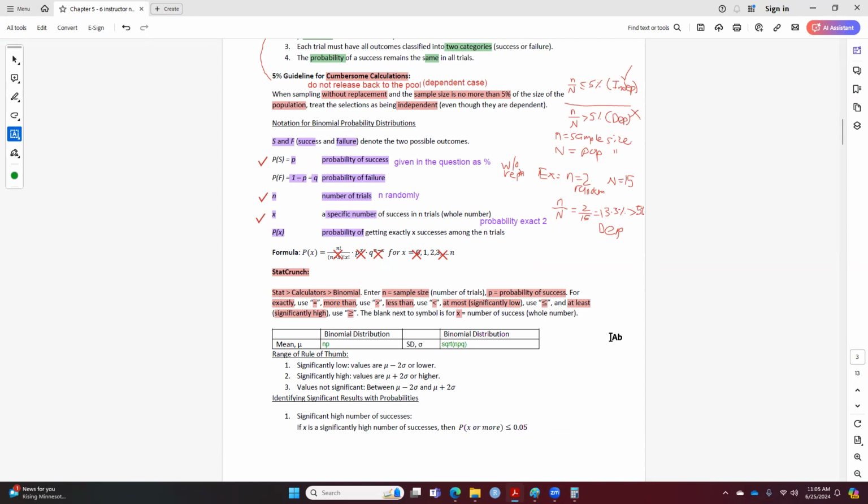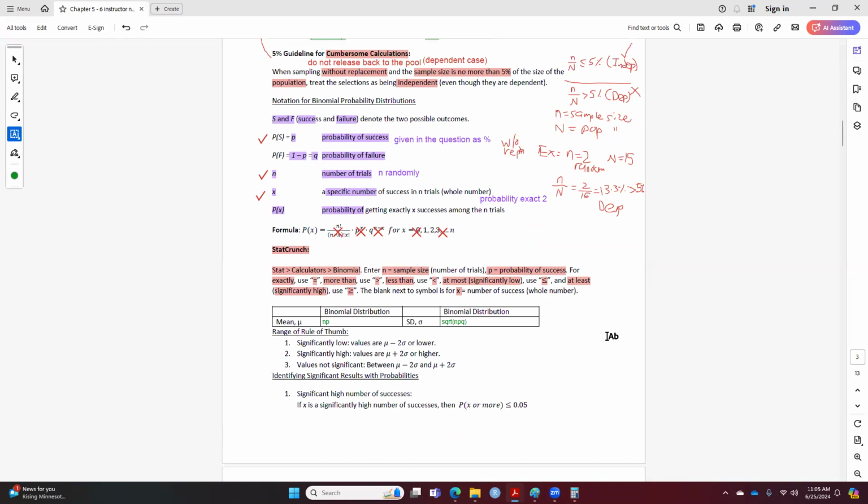Again, I don't have a square root symbol, so SQRT means square root for me. What do I mean in this case? As long as you have a binomial distribution, you can find the mean and standard deviation using n times p, which is the number of trials times probability, and the square root of npq for the standard deviation.